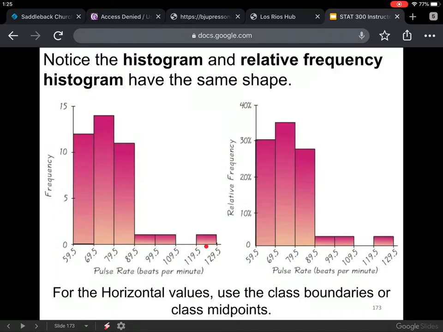And if you were going to take this, suppose it is 12, and divide it by the grand total that you just found, you'd get a relative frequency, 30%. And do the same thing for each one of these, and you get their respective percentages. So for the horizontal values, use the class boundaries or the class midpoints.